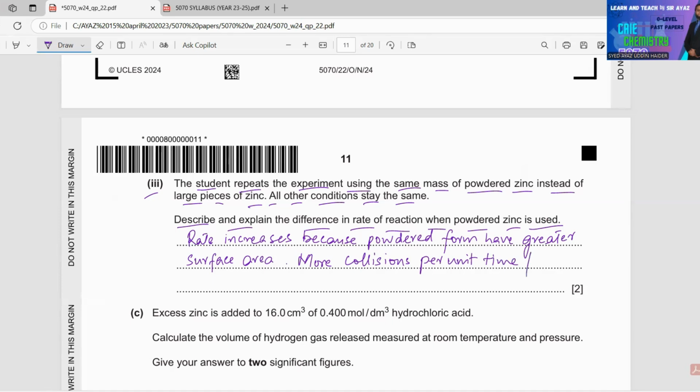Can even write collision frequency increases.